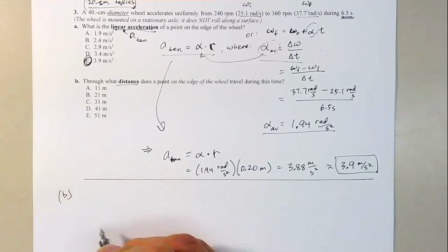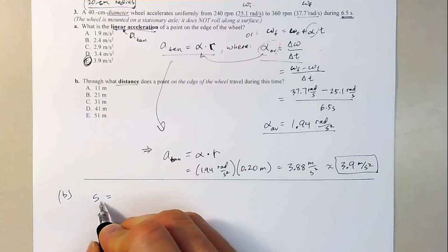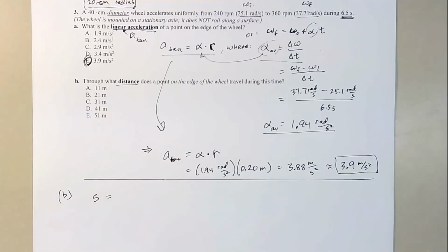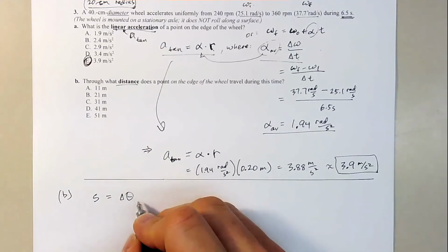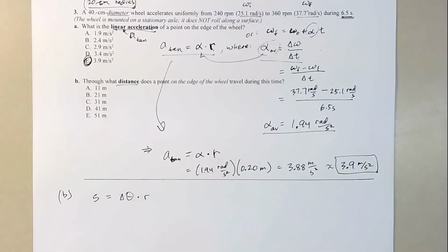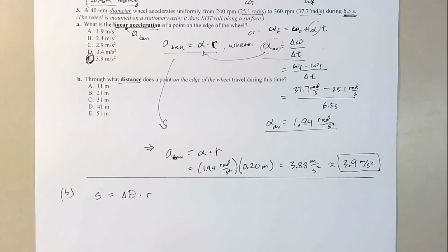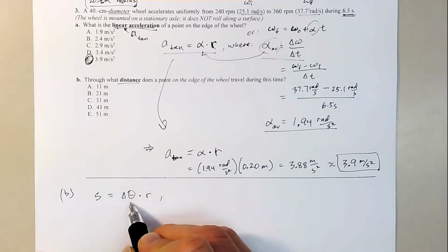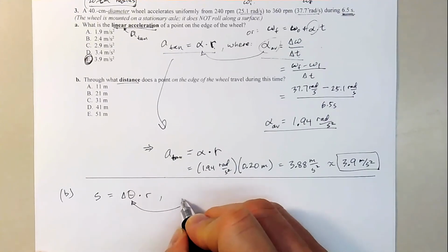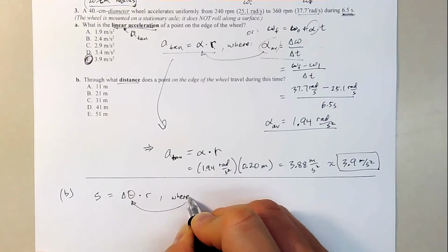From one of our earlier slides, that arc path length is equal to the angular displacement of the wheel during that time period times the radial distance from the spin axis to the edge of the wheel. So once again, we're interested in this quantity here. Let's find that first.